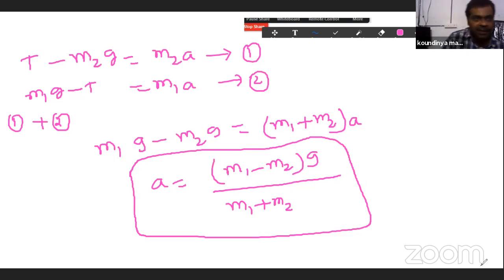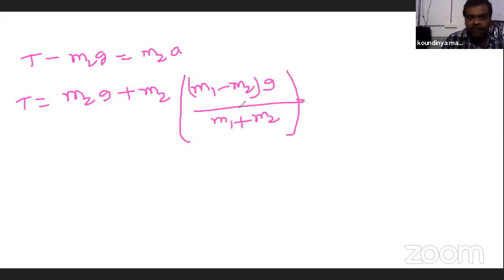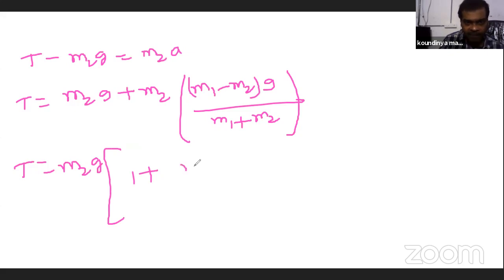That is T minus M2G is equal to M2A. That is T is equal to M2G plus M2 into (M1 minus M2) into G by (M1 plus M2). That is T is equal to M2G common, 1 plus (M1 minus M2) divided by (M1 plus M2).